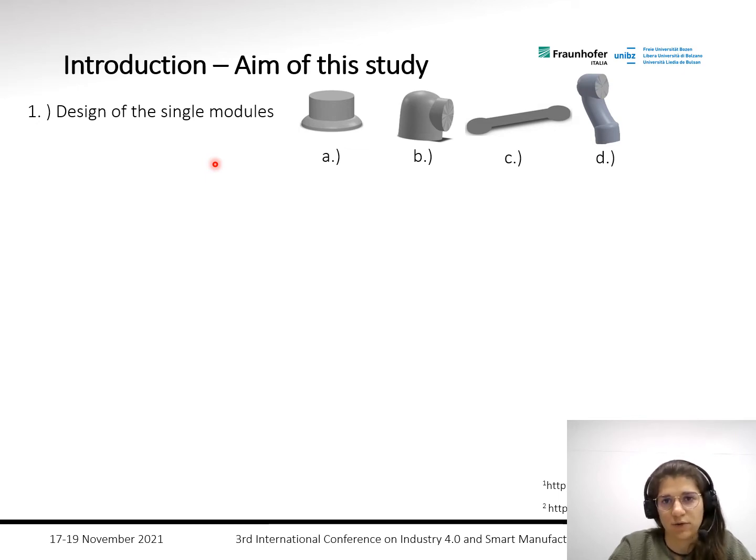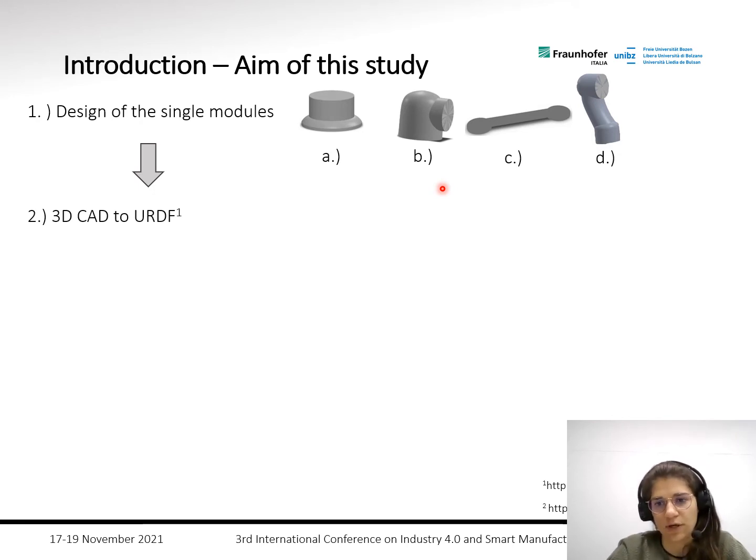Here we can find, for example, 4 examples of modules. Then, starting from this 3D CAD software, we export each module to URDF format. In our case, we used the SolidWorks to URDF exporter plugin, and so SolidWorks has been the main CAD software that we have exploited for this study, as the title of our paper mentions.